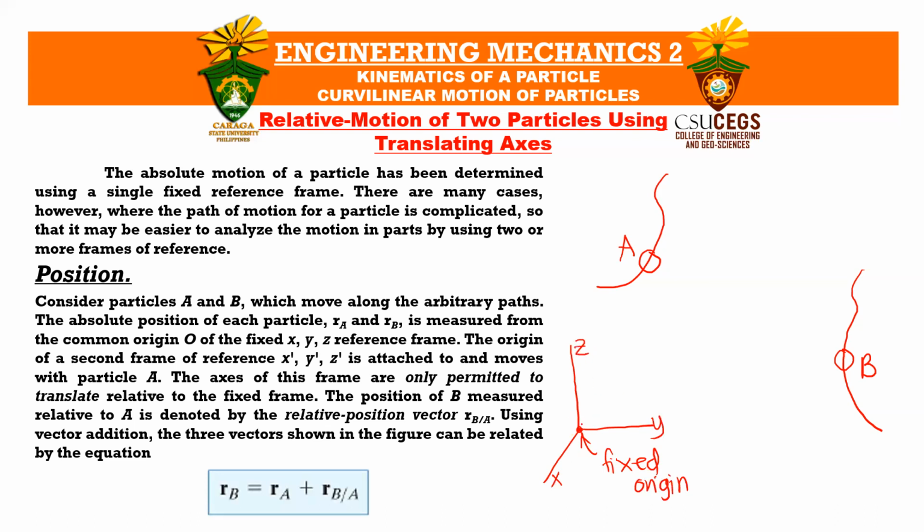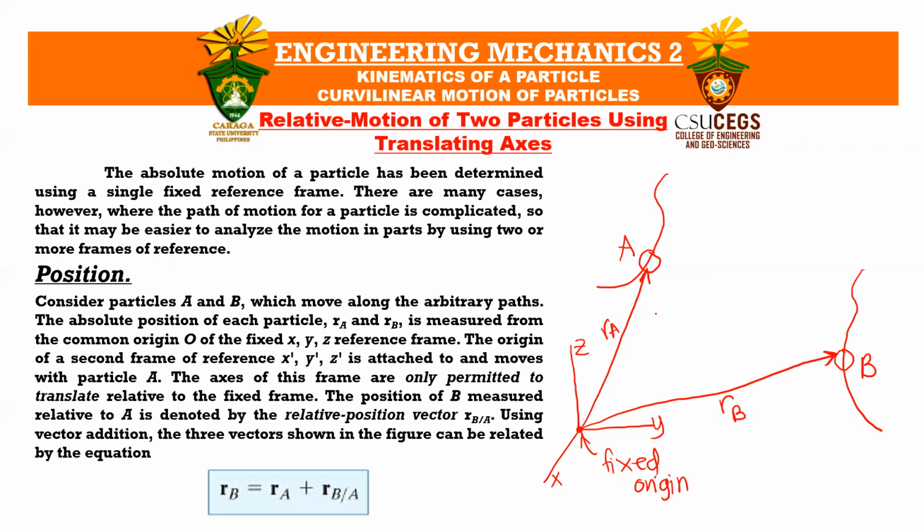From the fixed origin going to particle A, it is represented by vector rA. And from the fixed origin going to particle B, that is your vector rB.